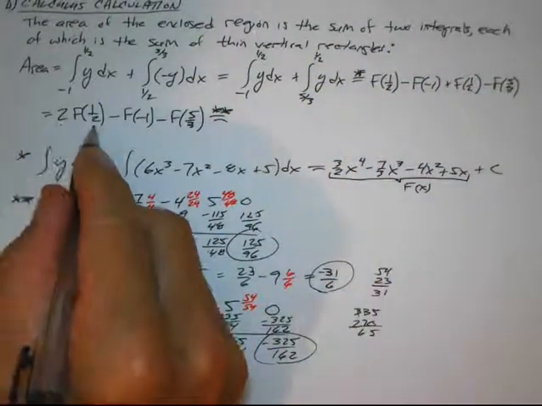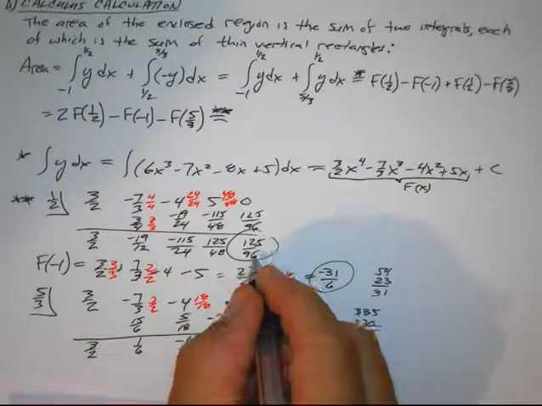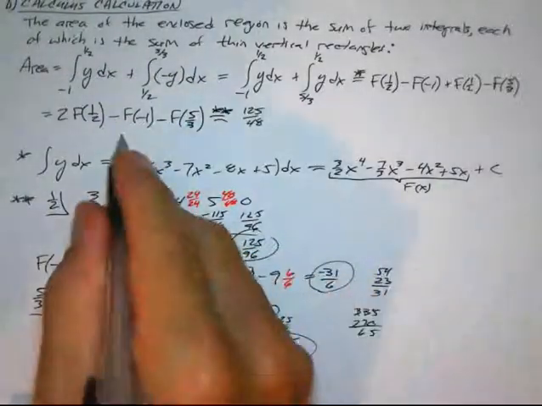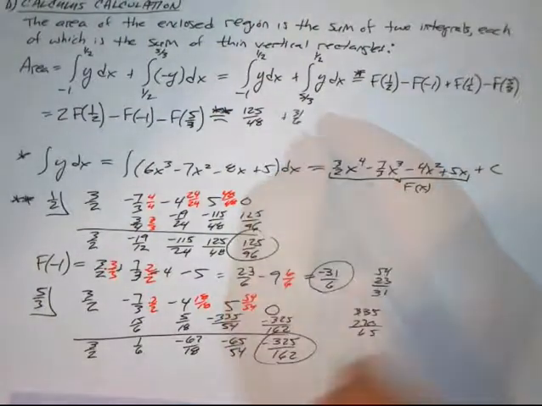2 F of 1/2. 2 of these, that would be 125 over 48. Minusing this, that's adding 31/6.